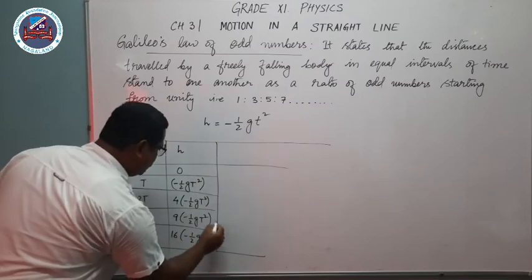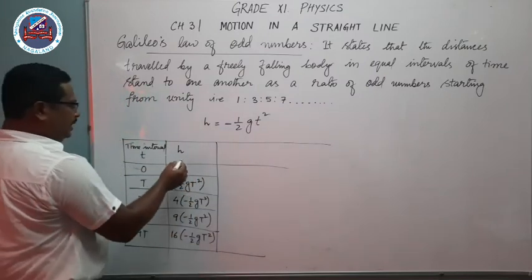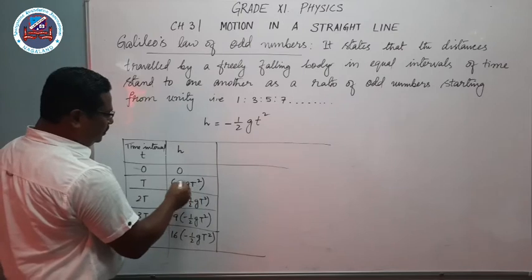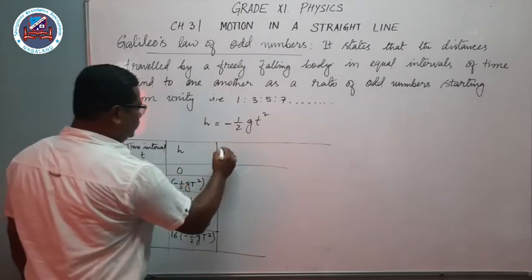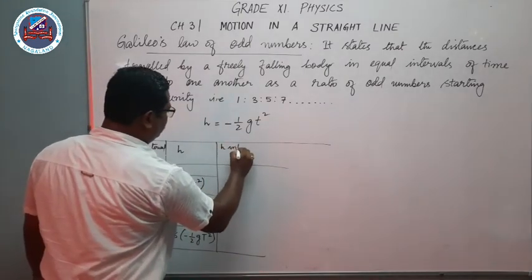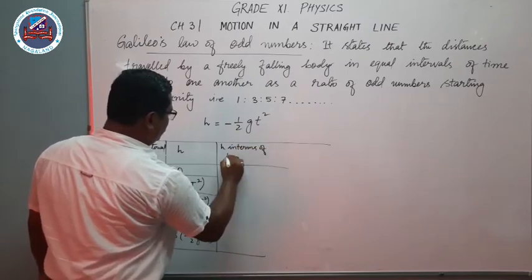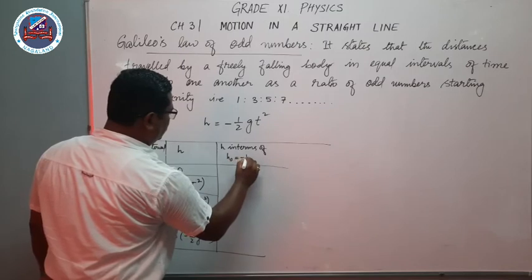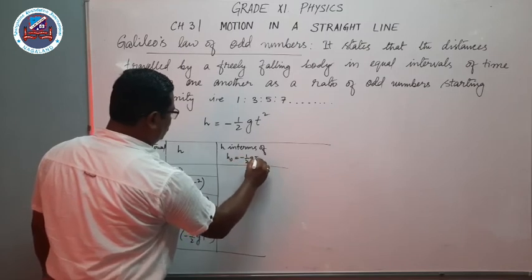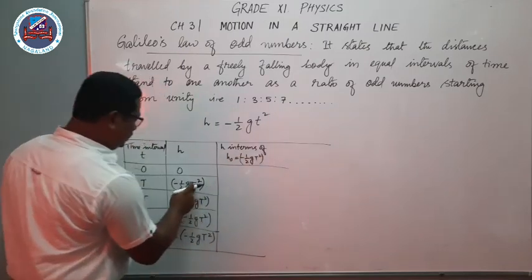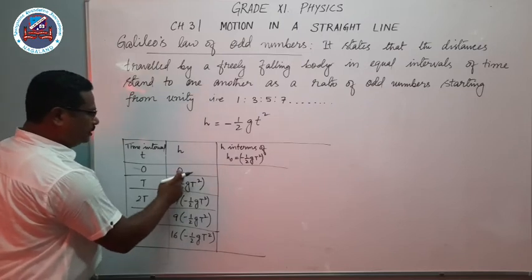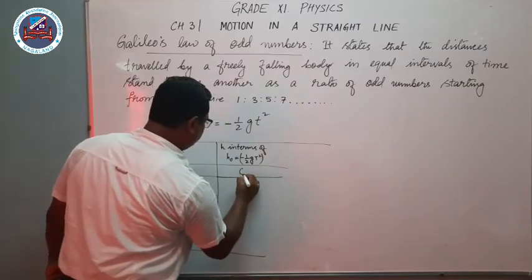Now, if I write this h in terms of h naught, I am taking half of gt square as h naught. Then the first value will remain as 0.